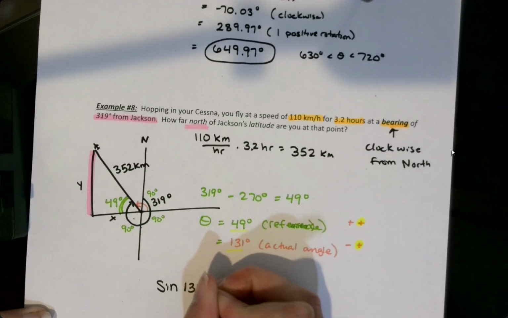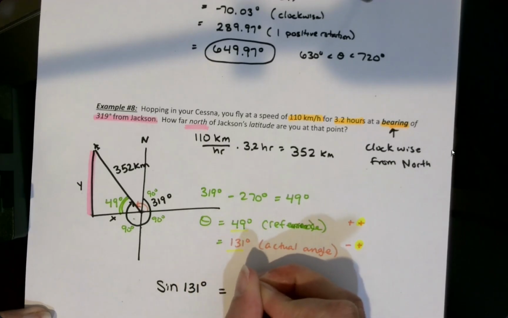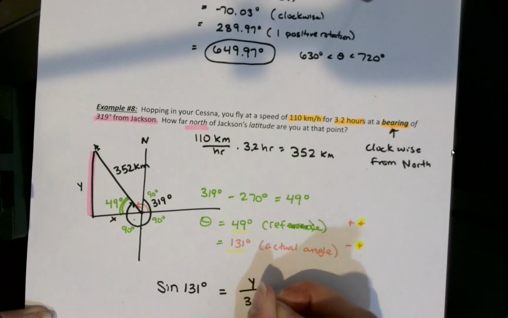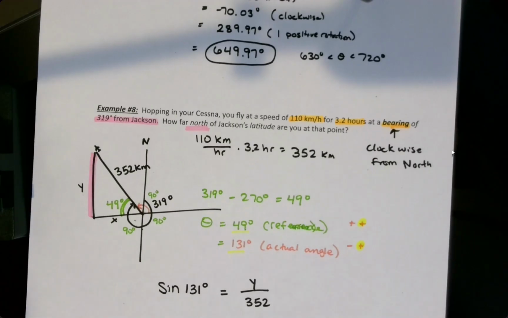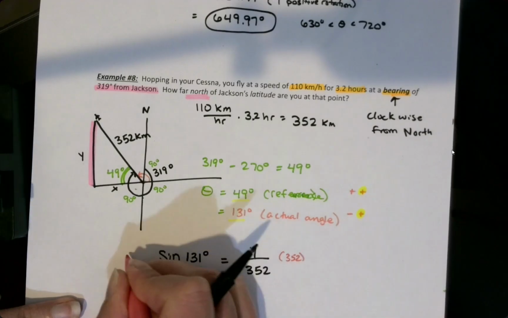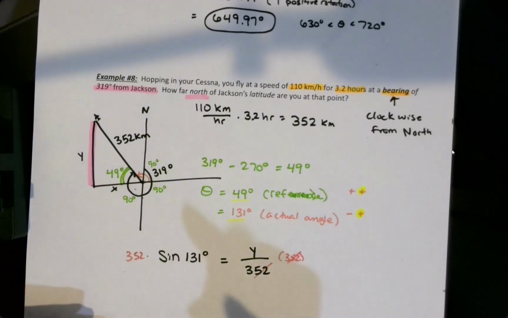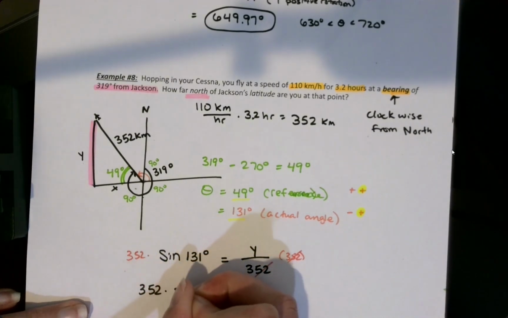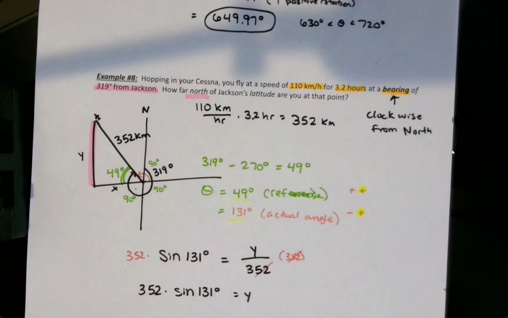So the sine of 131 degrees is going to be equal to y over 352 kilometers. Multiply both sides by the 352. Gives us that 352 times the sine of 131 degrees is going to equal y.